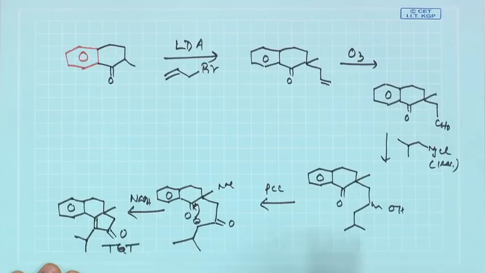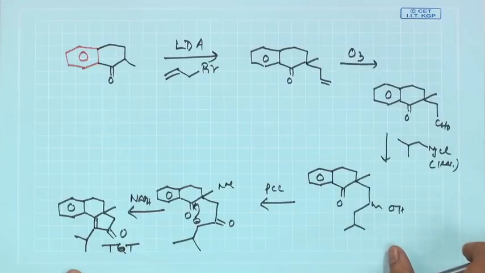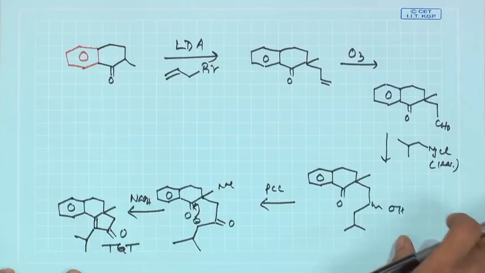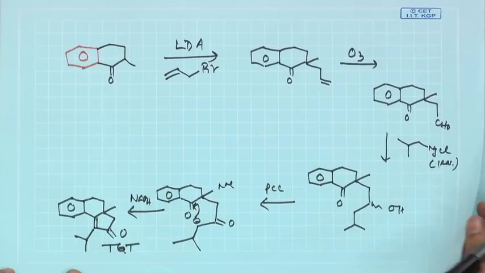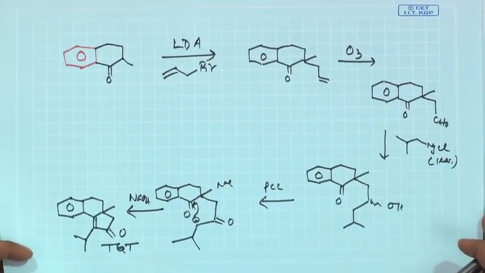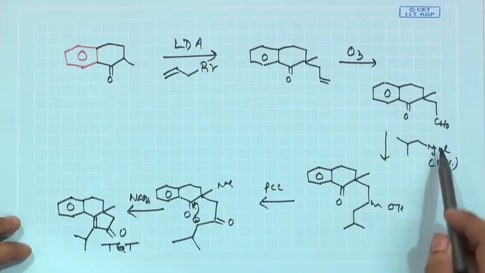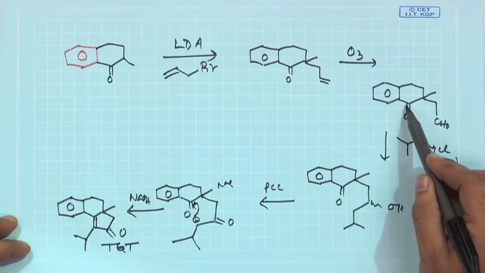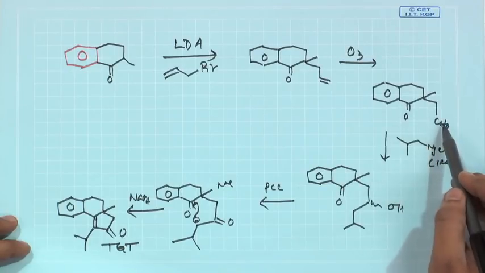So, it is a very straightforward disconnection, but stepwise you are disconnecting it. The transformation we are using is LDA and allyl bromide at the very beginning, then you do an oxidative cleavage of this double bond, you use isobutyl magnesium chloride. Now, you remember that here we basically have a ketone as well as an aldehyde.